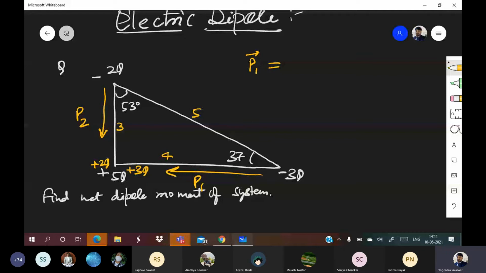Secondly, if sides are in the ratio 3 is to 4 is to 5, then angles must be 37, 53 and 90. So both imply each other. So I am taking this as 4. So P1 will be 4 into 3q, and the direction is as shown by the arrow.